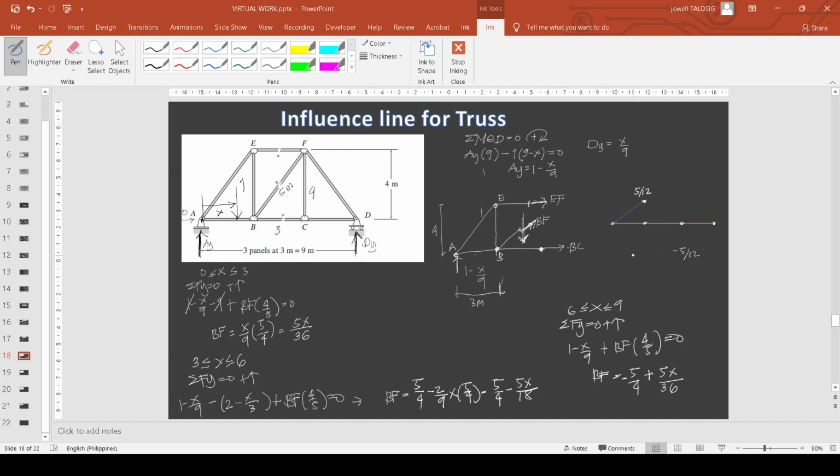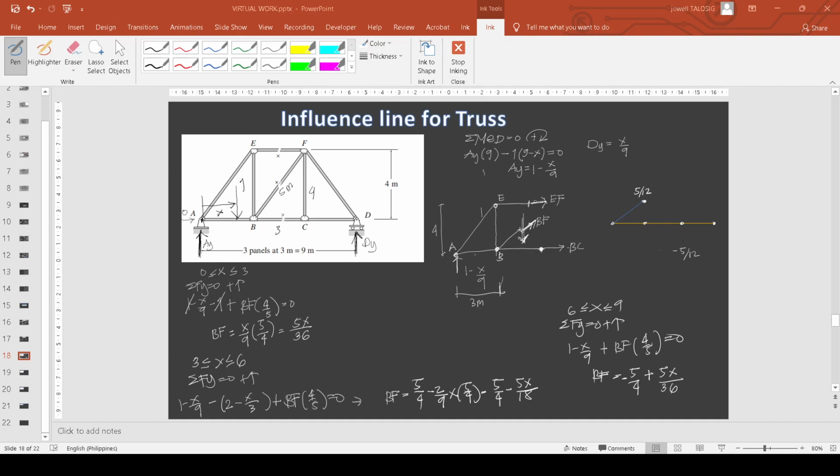Okay, next is when x is equal to 6 using this equation na nakuha natin kanina. So, negative 5 over 4 to. Is na positive. Tapos 5x over 36 na, no?